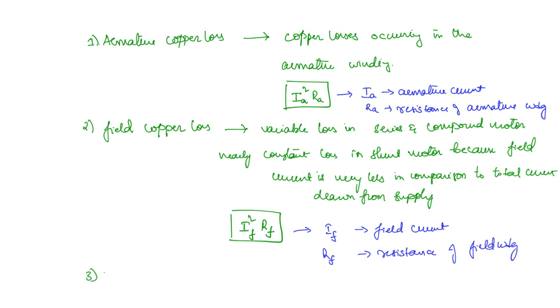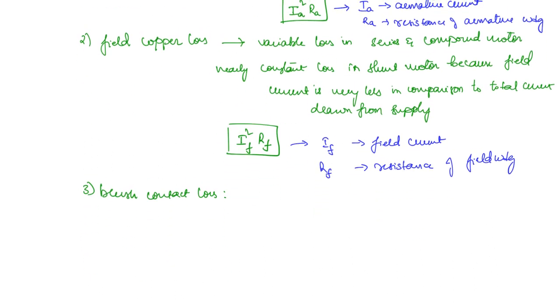And finally, the brush contact loss. There will be a voltage drop across the brush. Because of this, there will be the contact loss. What will be the expression for contact loss? This is going to be VBD, where VBD is the brush voltage drop, into the armature current. So you can write this down.